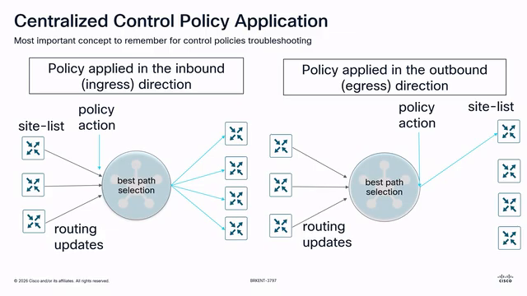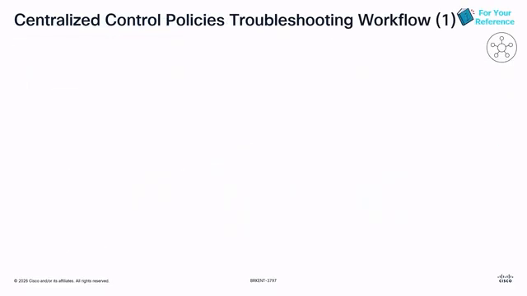And then with an outbound policy action, you can also define who will receive that update, and all others may not receive it or may receive an unaltered update, right? It's very important to understand. Again, the policy on inbound is before the best path selection, the policy on outbound is after the best path selection, right? First concept.